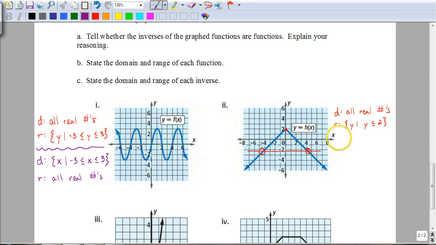And if I wanted to find the domain and range for the inverse, which we don't have graphed, all I have to do is look up here at what I put for my domain and range for the original function. I would say the domain for the inverse would be the set of all x's such that x is less than or equal to 2, and my range would be all real numbers.